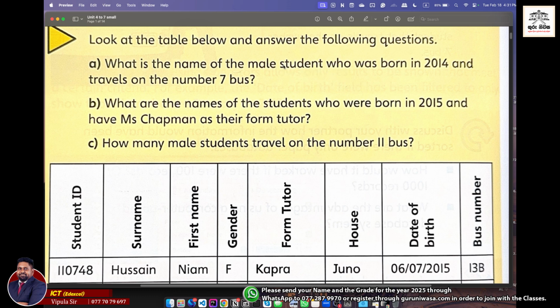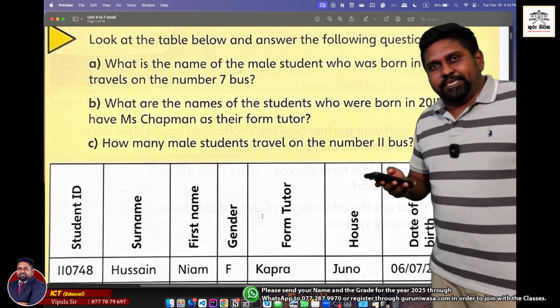What are the filters? Just think, now in your Excel sheet you have the columns, no?